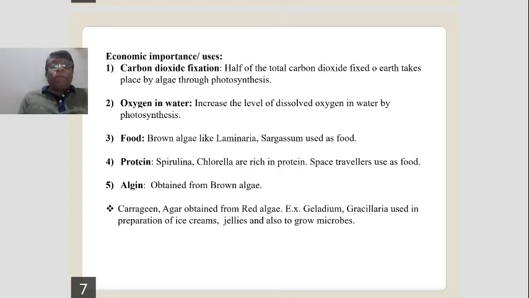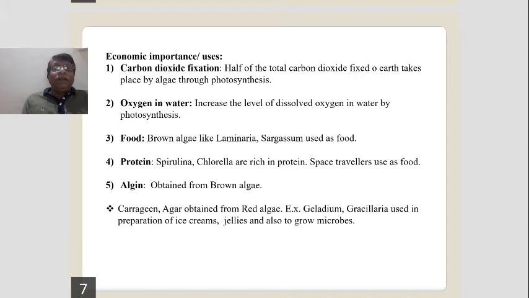Then proteins. Microscopic algae like spirulina, a blue-green alga, which is economically very important because it is rich in protein. Even it contains carbohydrate and some fat.